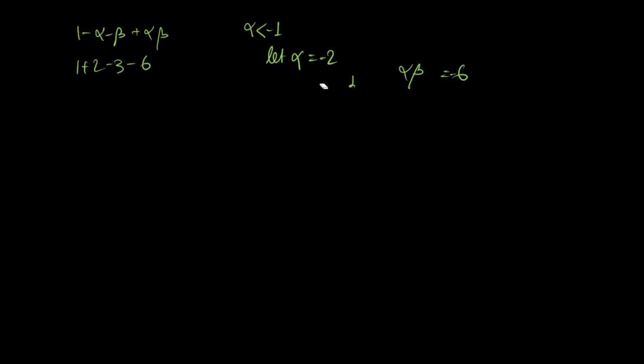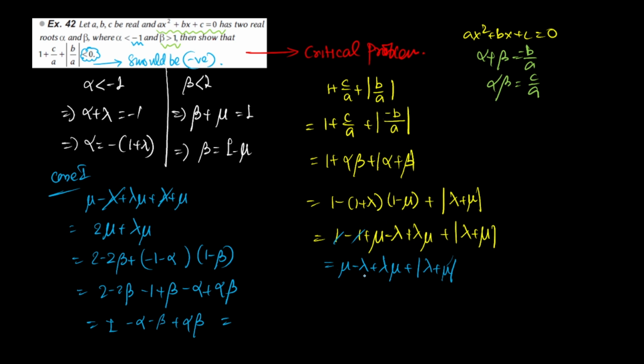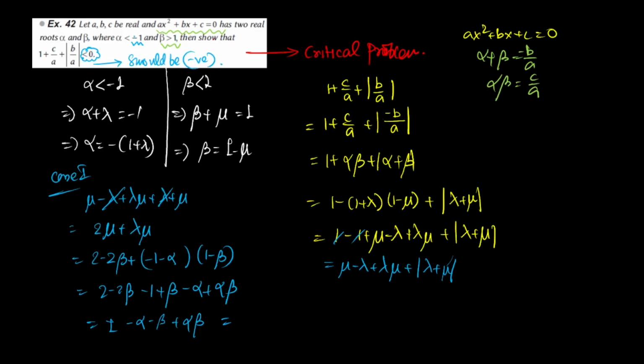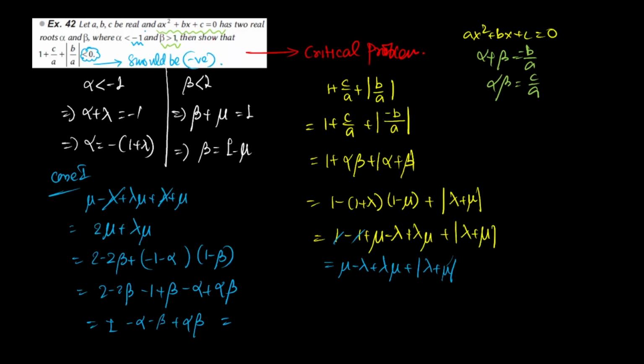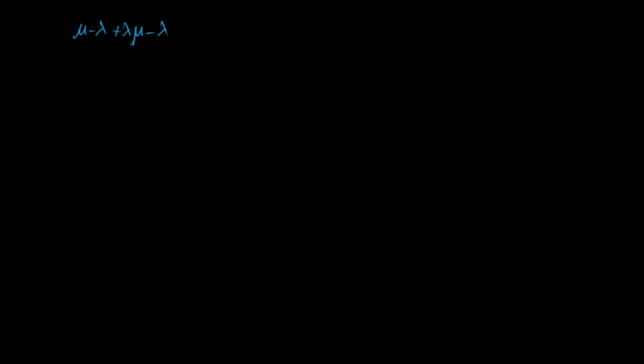Okay, understood. Now, the second part is we have done only case 1. We have to do case 2 also. Okay, what is case 2? Nu minus lambda, plus lambda nu, minus lambda minus nu, minus lambda minus nu.